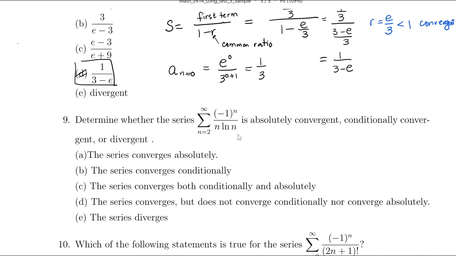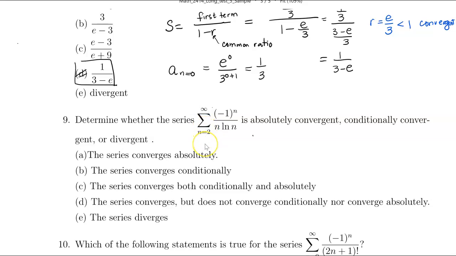Now, absolutely convergent means that if you take the absolute value of the series and determine convergence and you find out that it is convergent, then it's convergent absolutely. It implies convergence.